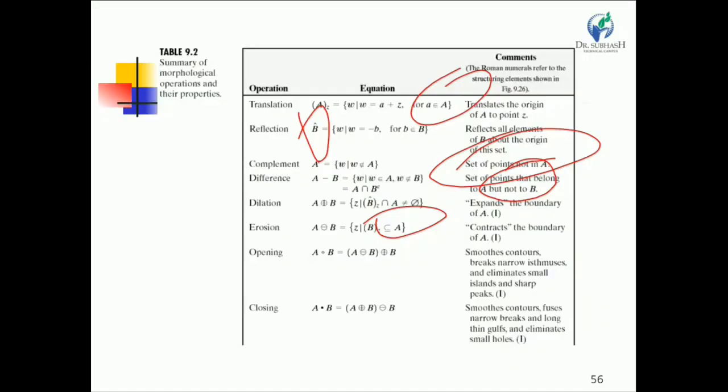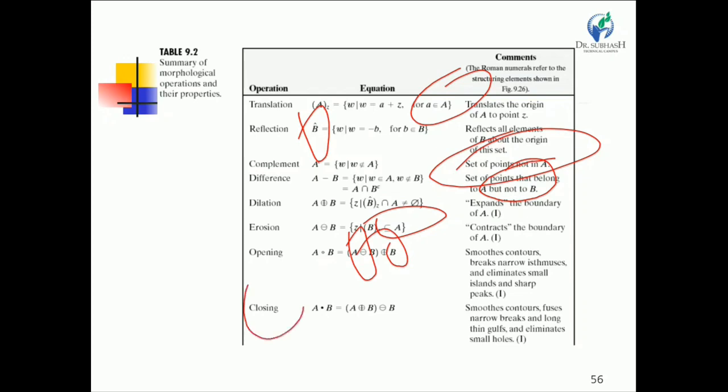Opening, A opening B, is A erosion B and the resultant term with dilation of B. It smooths contours, breaks narrow isthmuses and eliminates small isolated sharp peaks.